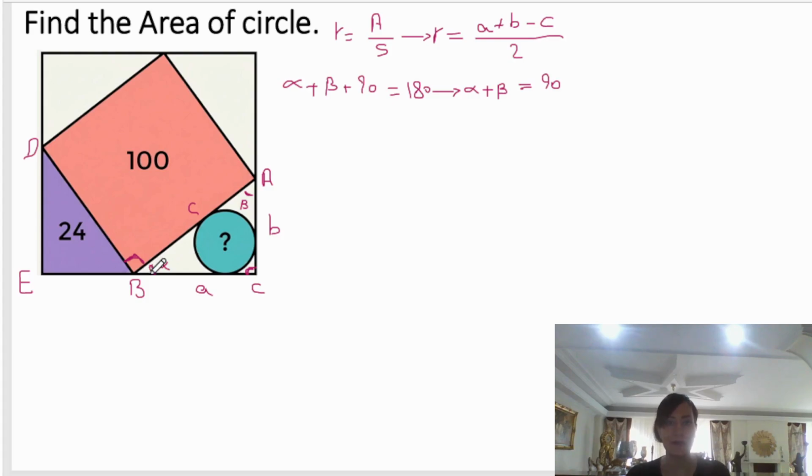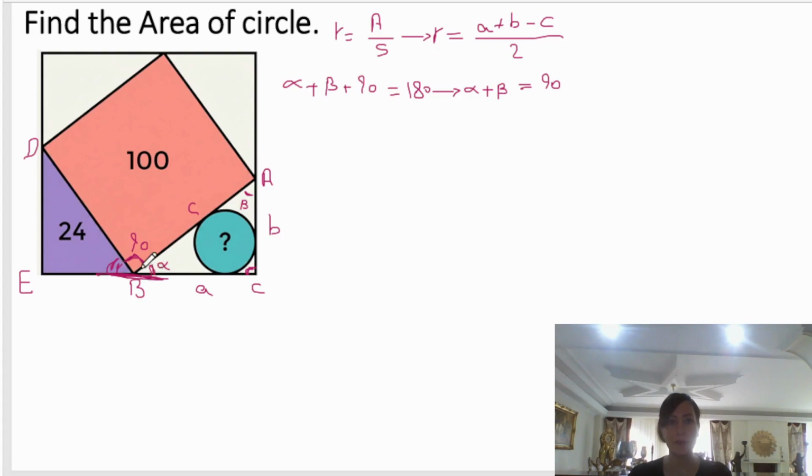I come here to this straight line. For any straight line, we know the angle of a straight line is 180. So here I have alpha plus 90, this angle is 90, plus this angle here equals 180.